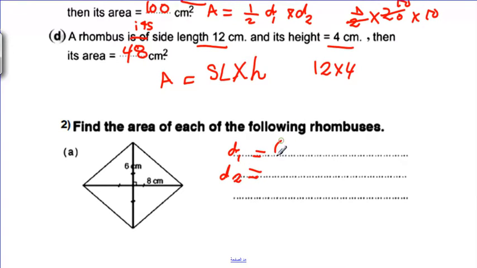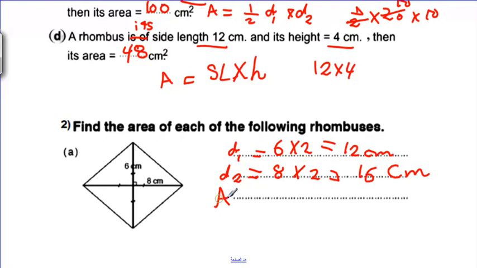Diagonal 1 will be equal 6 times 2 because the two diagonals bisect each other, 12 centimeter, and the second 8 times 2 equals 16 centimeter.